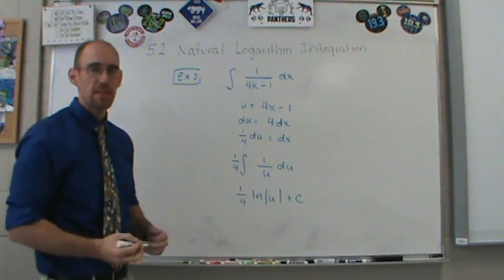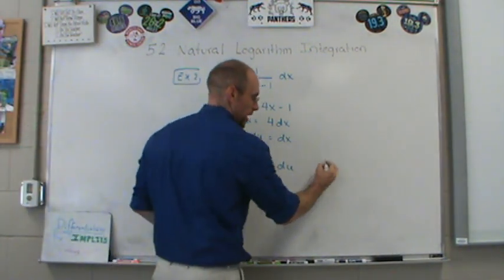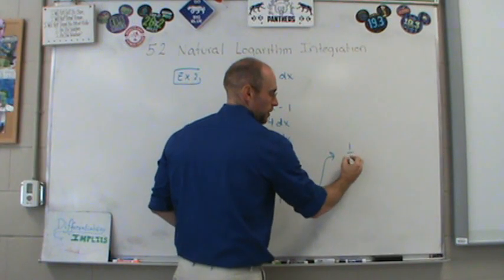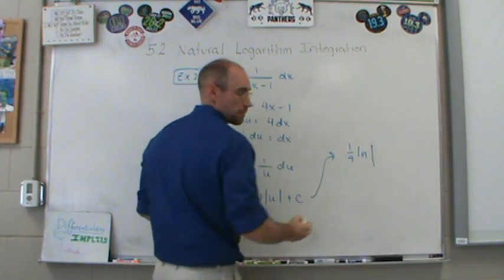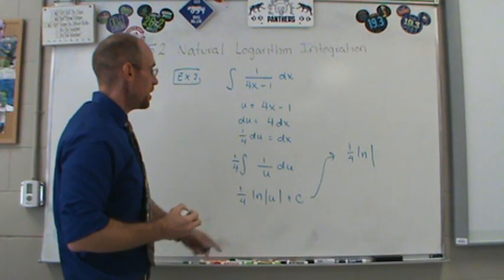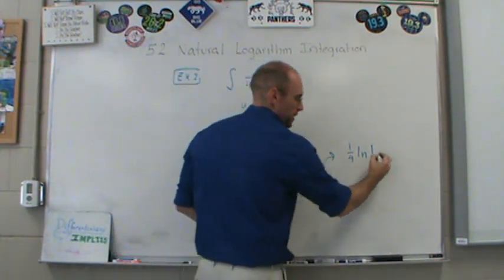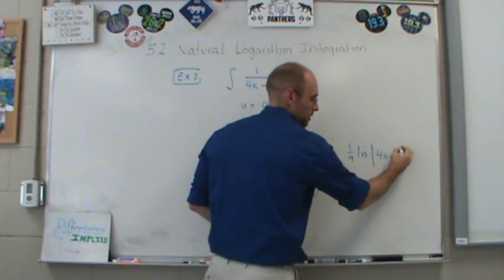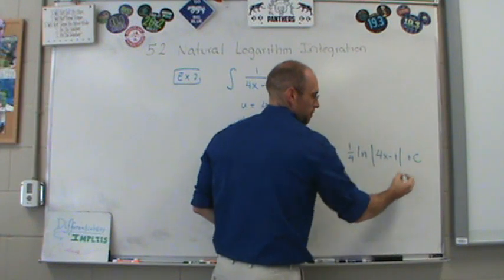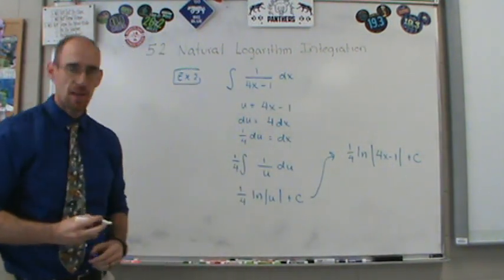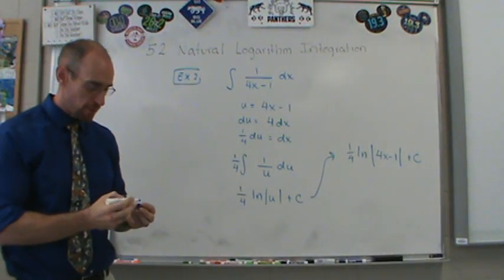All right, but remember, u means unfinished, so we want to make sure we do substitute that u back in. So 1/4 natural log absolute value of u was 4x minus 1. Let's put that in there. 4x minus 1 plus c. All right, and that'd be our final answer with that one.